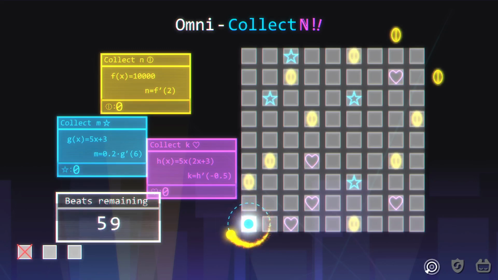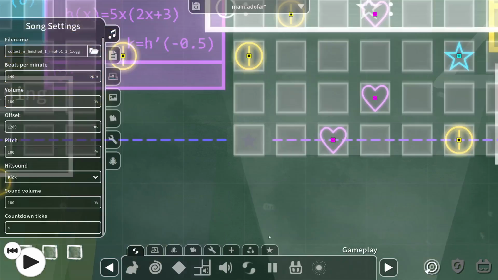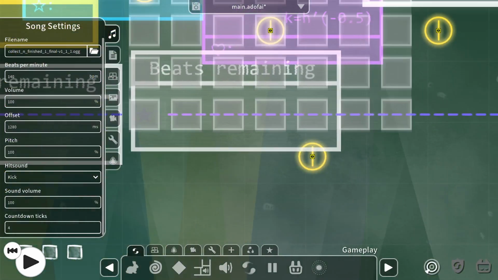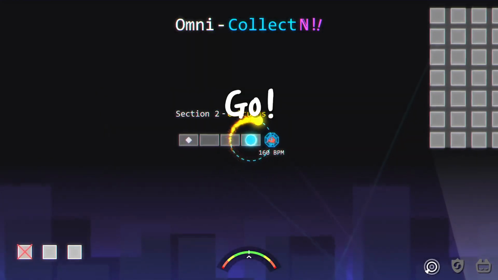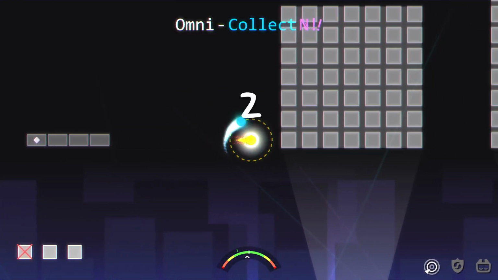Okay. The derivative, oh god. I can't calculate this in time. Okay, derivative of 2, so collect no coins. It's like I want to play this, but I also want to explain it. I can't even do some of these in time.